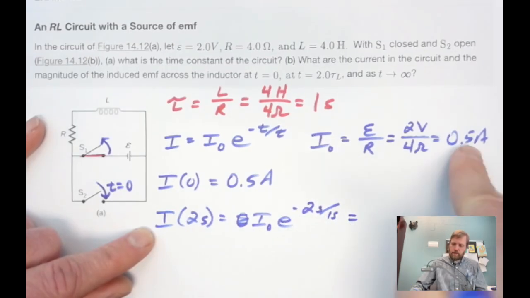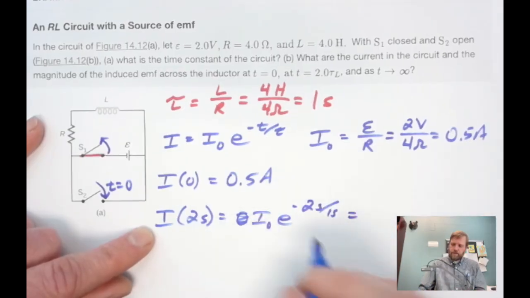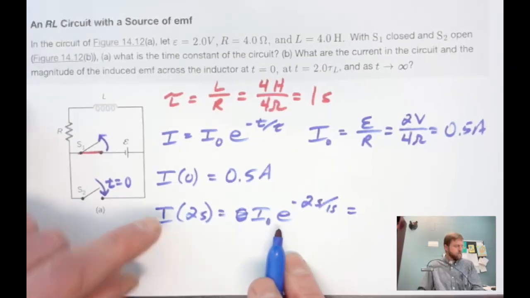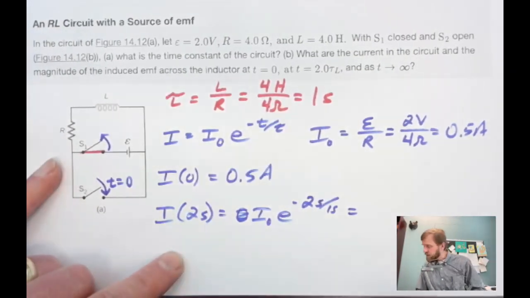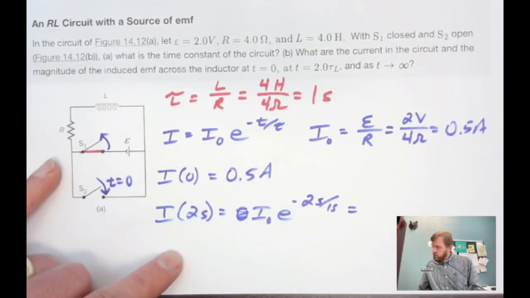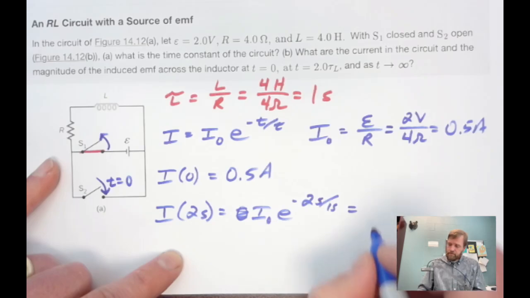Plugging in 0.5 here, I punched the numbers into my calculator and got 0.0677 amps.